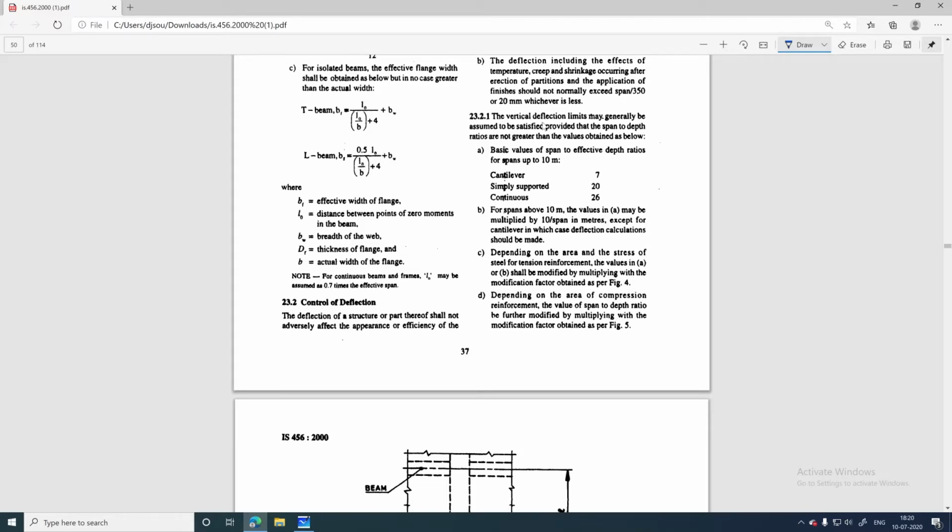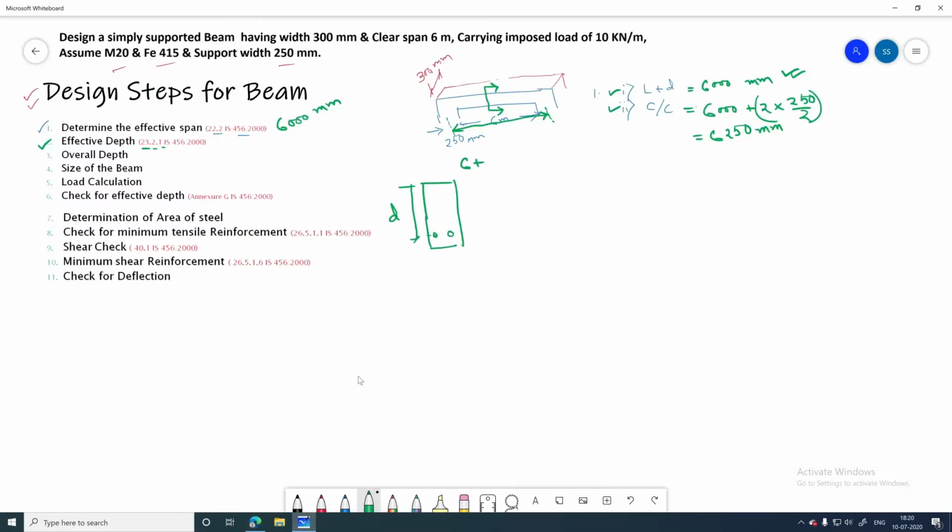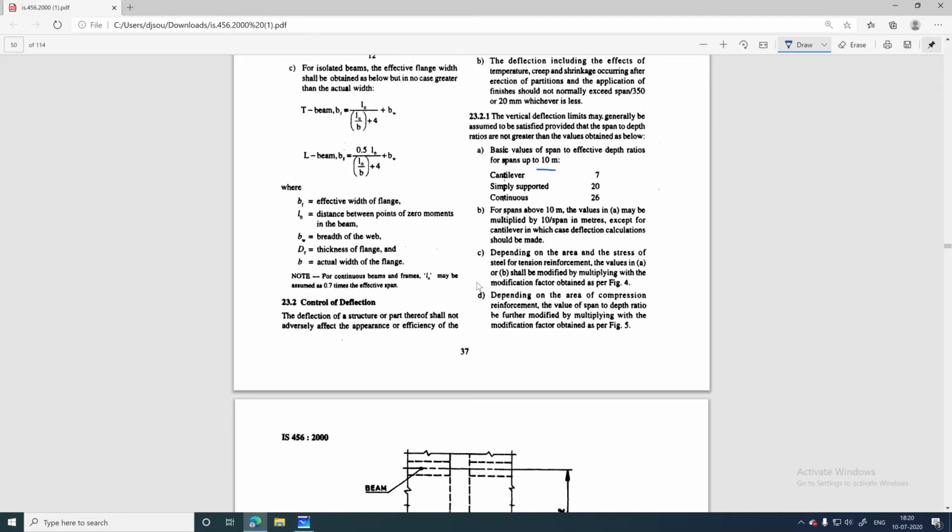This is the vertical deflection limit which is assumed, and this is for spans up to 10 meter. Now our span is 6 meter, so that is within that range. It is simply supported, so the maximum value that can be taken is 20. So we will take a value which is less than 20. Now I consider 12.